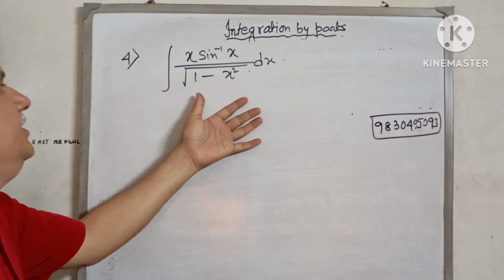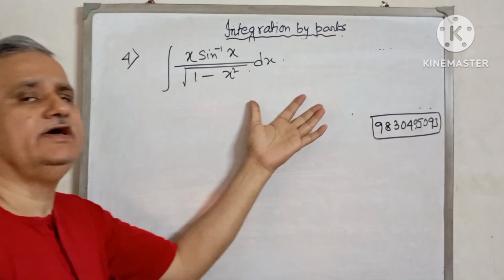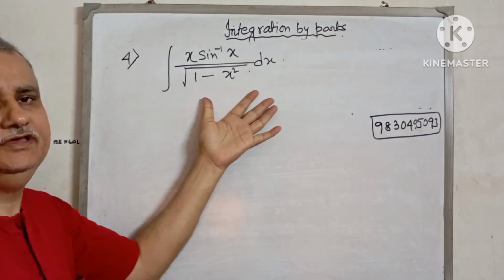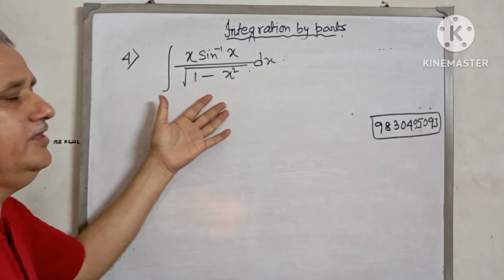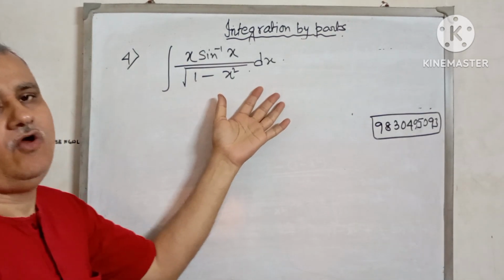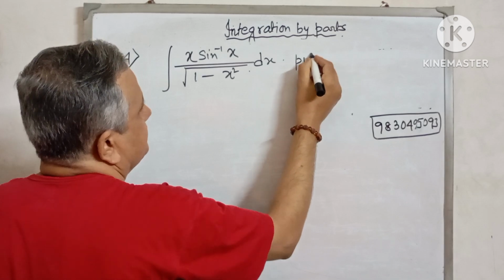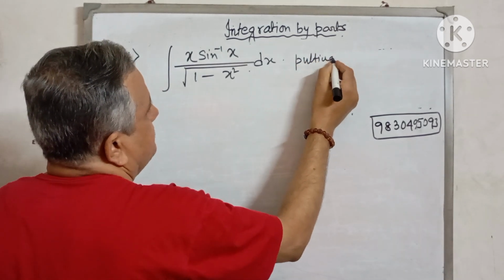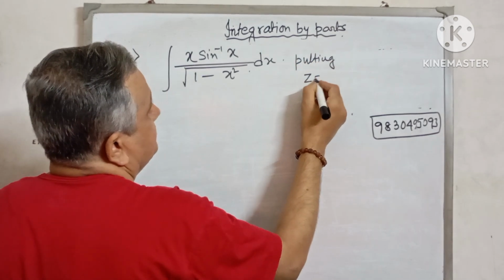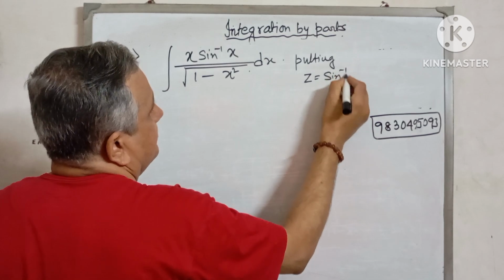We can put here x equal to sine theta, or sine inverse x is z. Either x equal to sine theta or sine inverse x is z. Putting sine inverse x is z, z is sine inverse x.